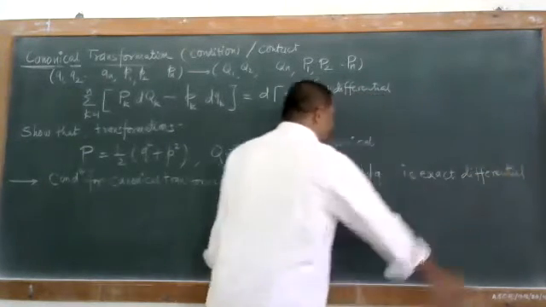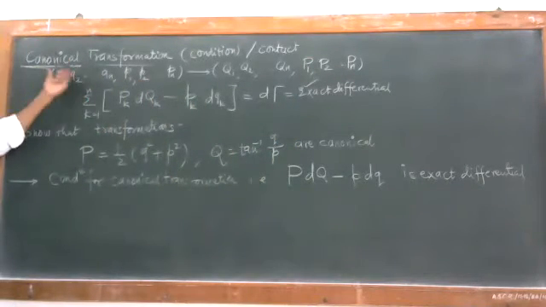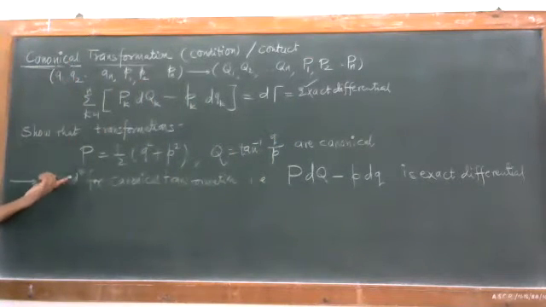If this is exact, then we say this transformation is a canonical transformation.